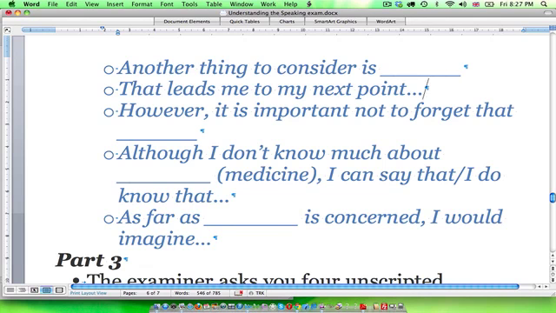Although I don't know much about XYZ, I can't say that I know, I can't say that it is whatever, or I do know that it is whatever. As far as XYZ is concerned, I would imagine, so this is often a good way to return to a point perhaps that you had brought up earlier.